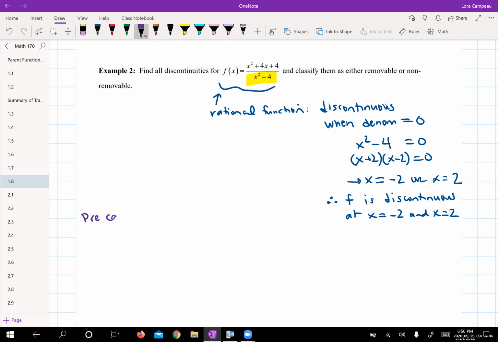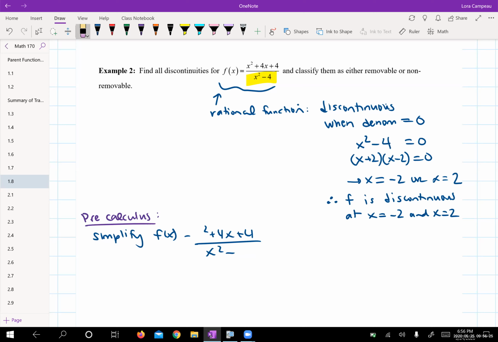So pre-calculus, a lot of times when we were determining this, we would simplify the function, writing this over for you so that we can analyze it.